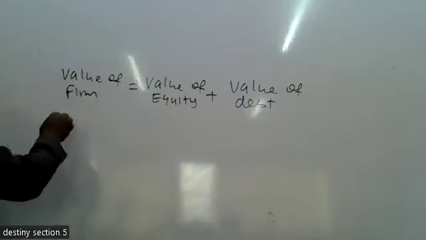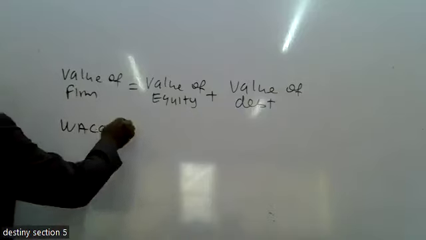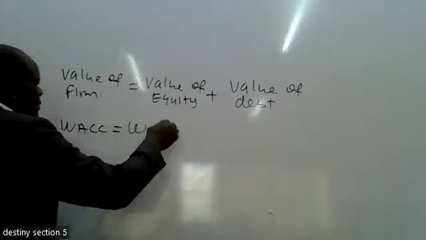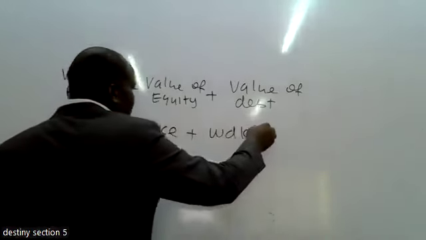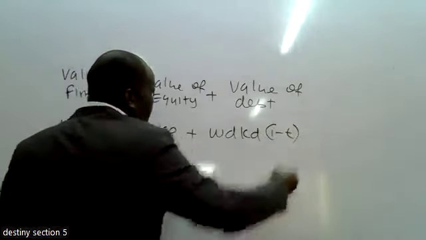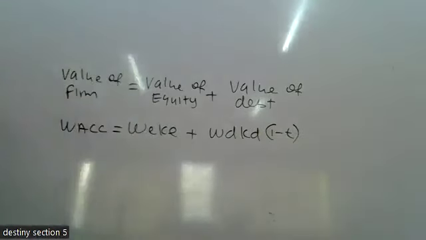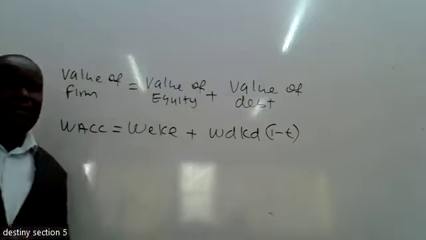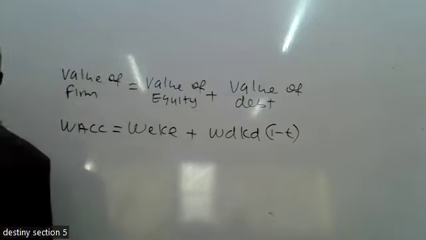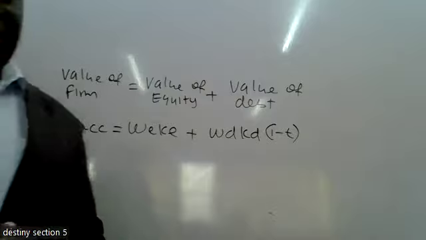Then to get the WACC, it is the weight of equity multiplied by the cost of equity, then the weight of debt multiplied by the cost of debt. So that is what we should be doing when it comes to calculating.